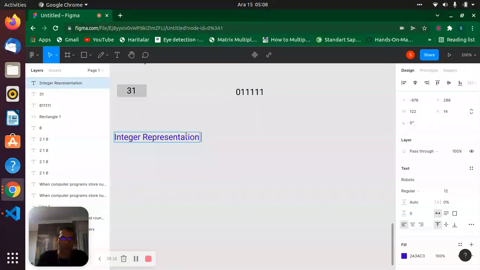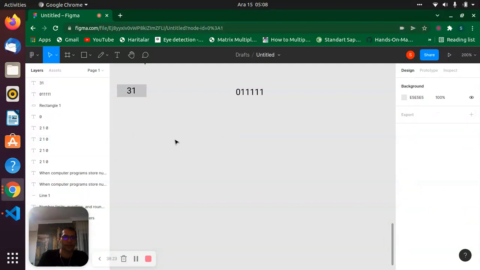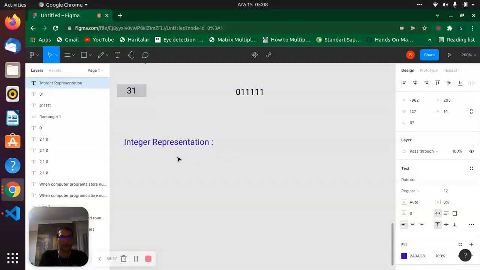What happened here? I think I have to copy this. I will delete this one and just start here and we will go all the way like that. But then I will say this will be black and our colors will be black.